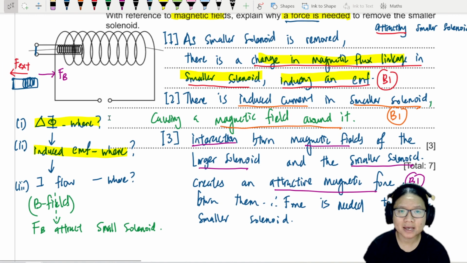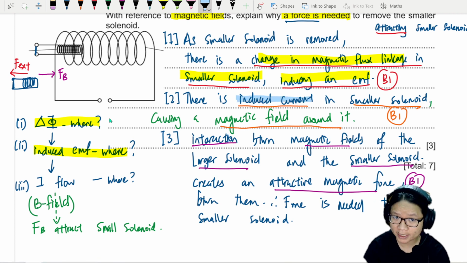Okay, and then the second thing to note is that there is now an induced current if the loop is complete. Because of this induced current, there's a magnetic field. So current flows, and because current flows, there's a magnetic field.